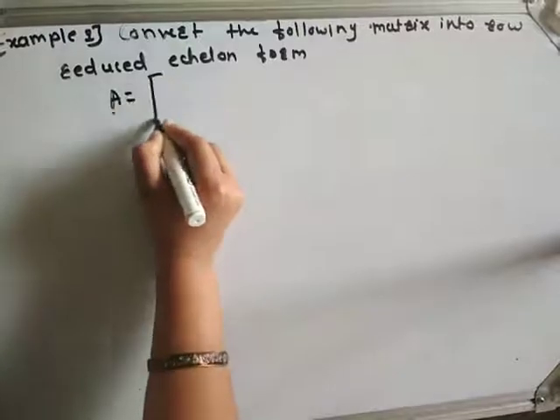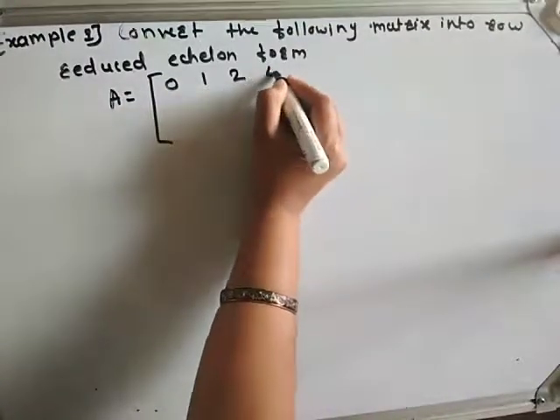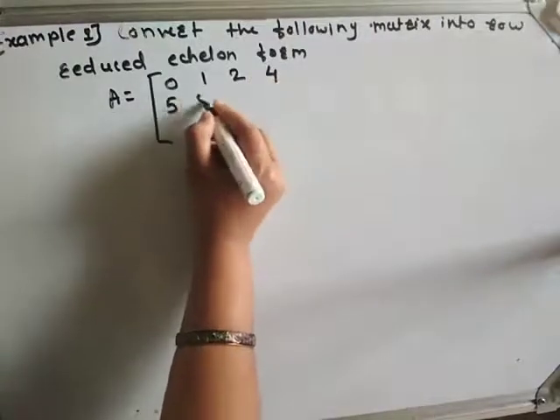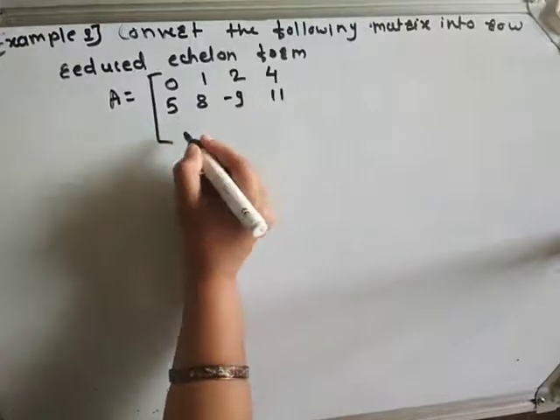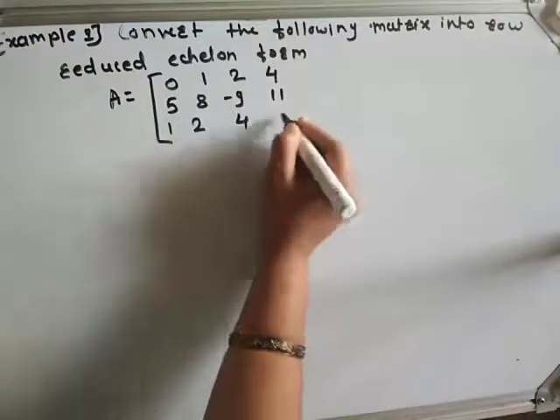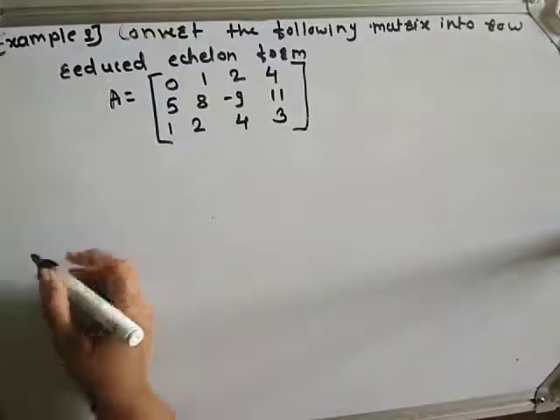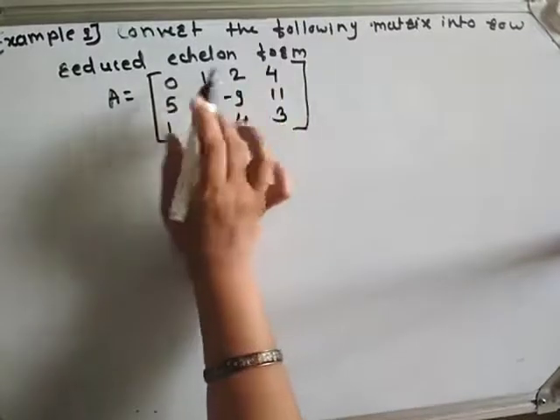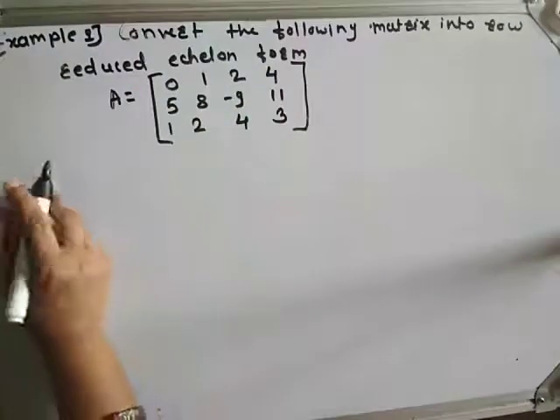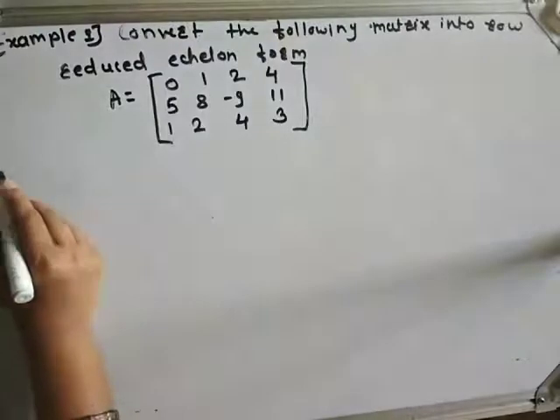A is equal to the matrix with rows 0, 1, 2, 4; 5, 8, minus 9, 11; 1, 2, 4, 3. We have to convert this matrix into reduced row echelon form. First we have to convert this matrix into row echelon form.